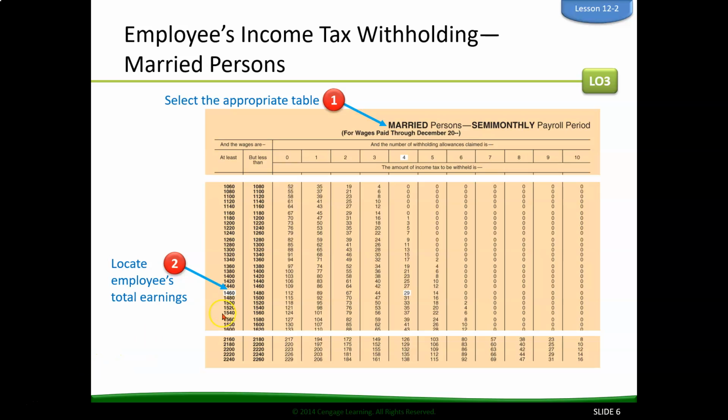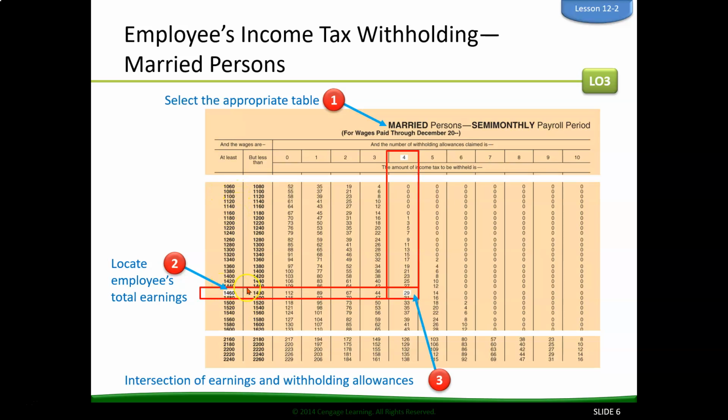I always like to point out that make sure you understand that at least 1,080 is not less than 1,080. So if the amount of the total wages is 1,080, you would bump up to the at least 1,080.